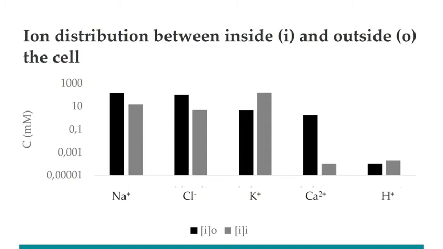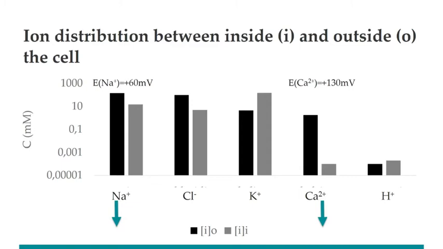You can see also that some ions are more common inside the cell and some are more common outside the cell. Two of these, sodium and calcium, are very common outside, but there is a limited amount of these inside the cell. So if there is a pathway on the membrane, sodium and calcium will flux inside the cell.